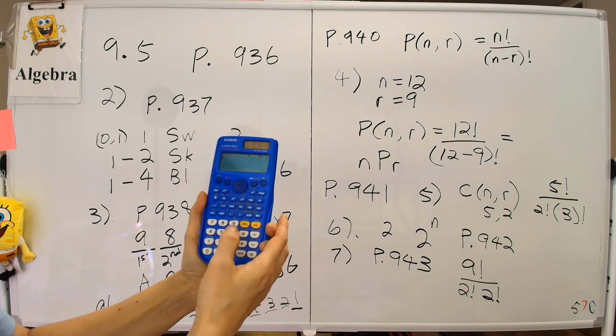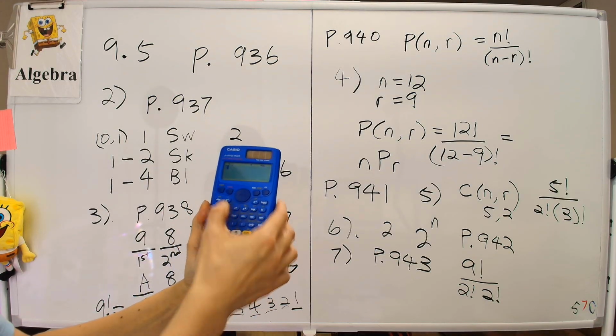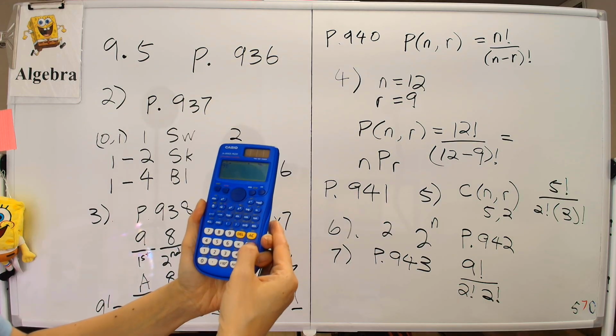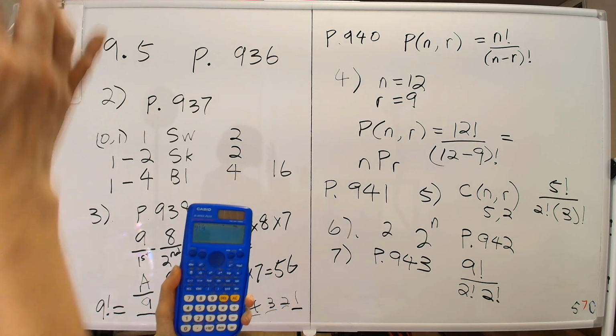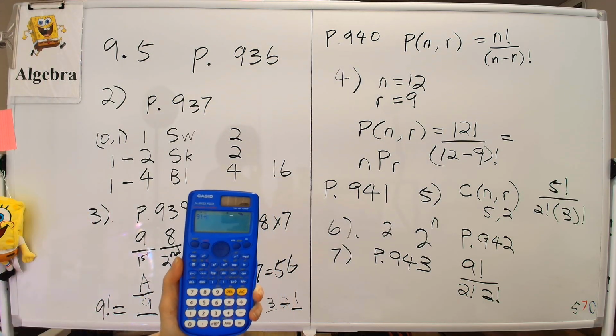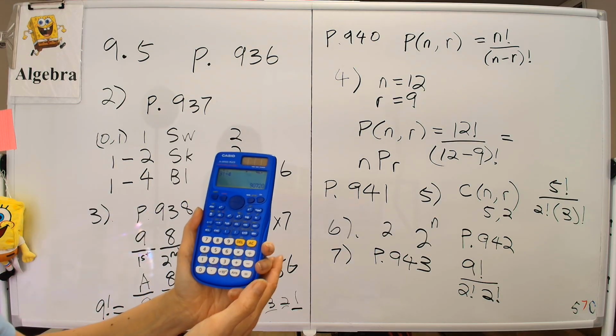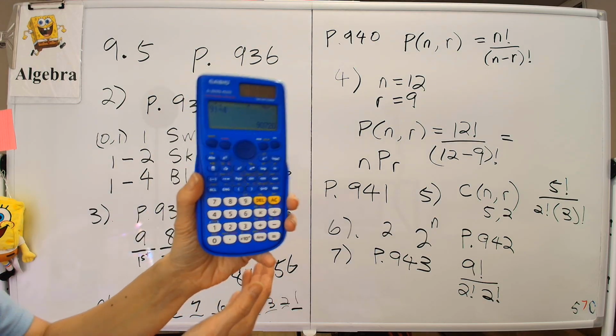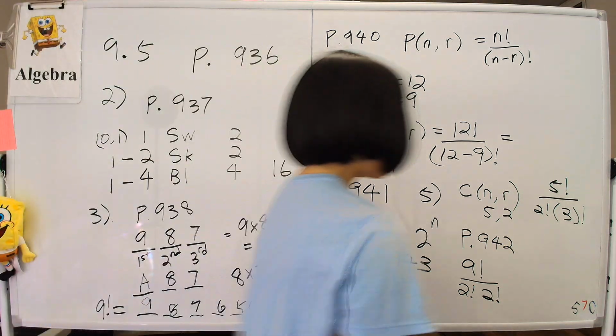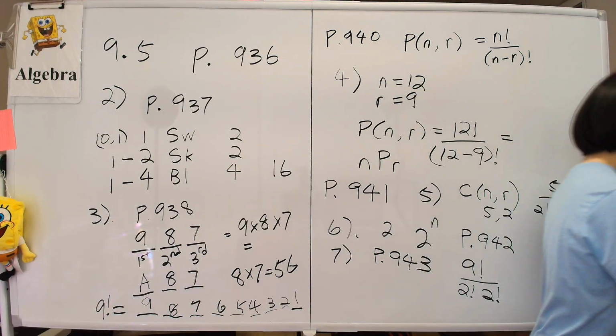All right, let's do 9 factorial divided by 2 factorial, which is just 2, because it's 2 times 1, so 2 times 2 is 4. So we'll just divide by 4. That was 90,000 something? Let's see if I got it right.